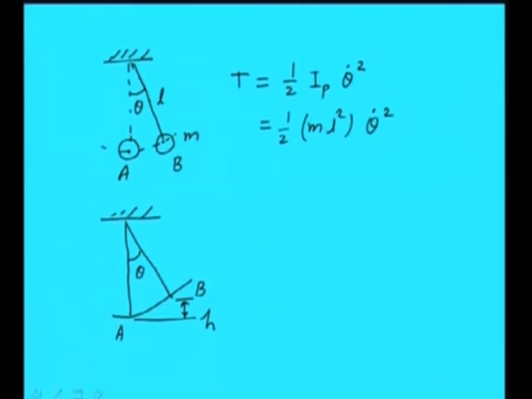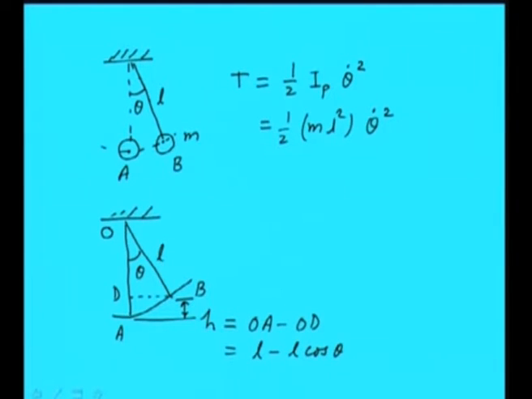This angle is theta, length of this is L. So this height we can calculate. If we project this here, let us say this is point O and this is D. So H is nothing but OA minus OD, and OA is equal to the length of the cord, and OD is L cos theta.